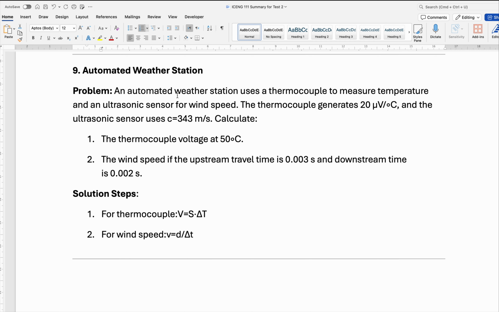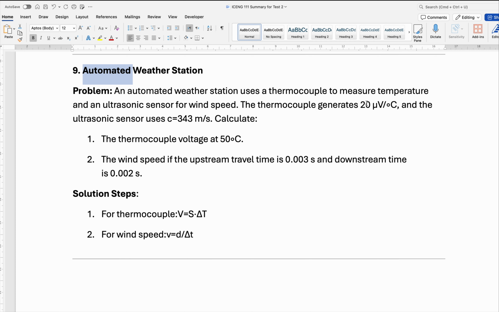Here, a thermocouple. We have, for example, an automated weather station, and it is using a thermocouple to measure temperature, and an ultrasonic sensor for wind speed.